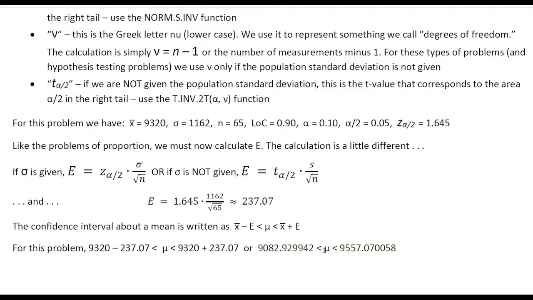That basically means that mu falls somewhere between 9,083-ish and 9,557.